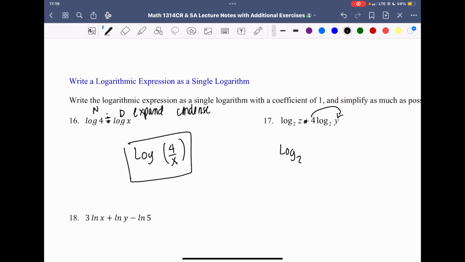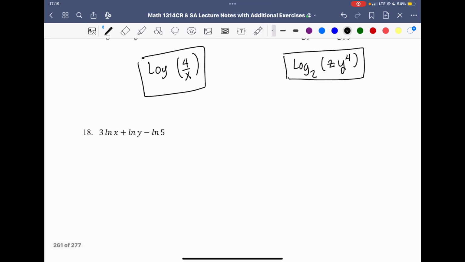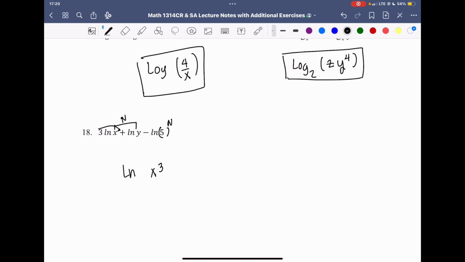Log 2 of z y to the 4th. These are the numerators. This is the exponent here, and this is the denominator. ln x to the 3rd times y over 5.